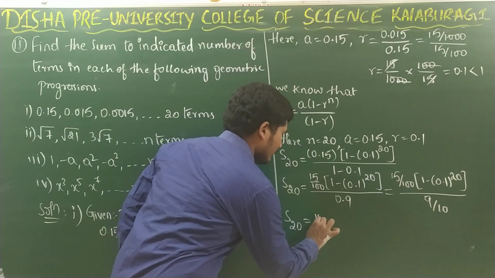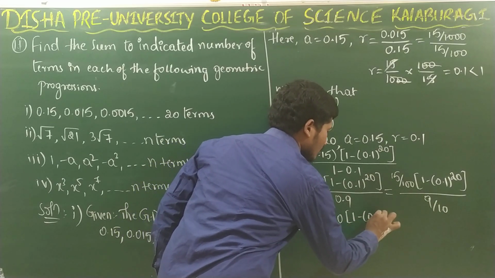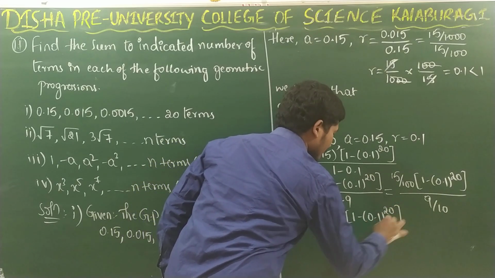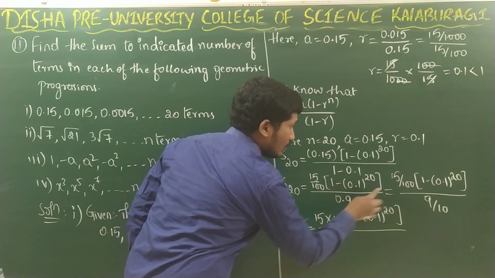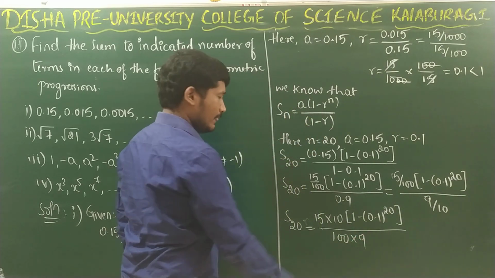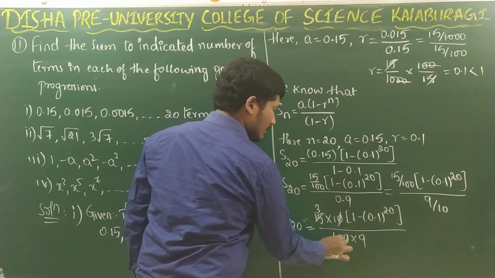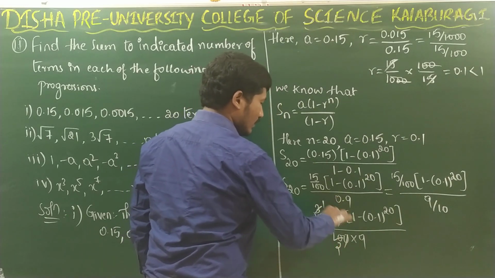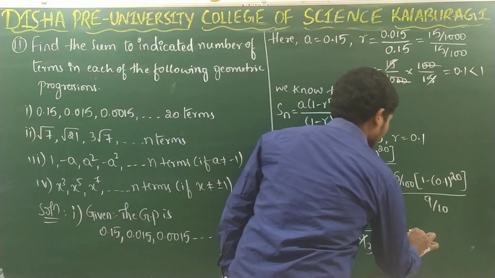So 15 into 10 into 1 minus 0.1 whole power 20, whole divided by, what do we get in the denominator? 100 into 9. So here a 10 and a 10 cancel. 5 3s are 15, 5 2s are 10, 3 1s are 3, 3 3s are 9.